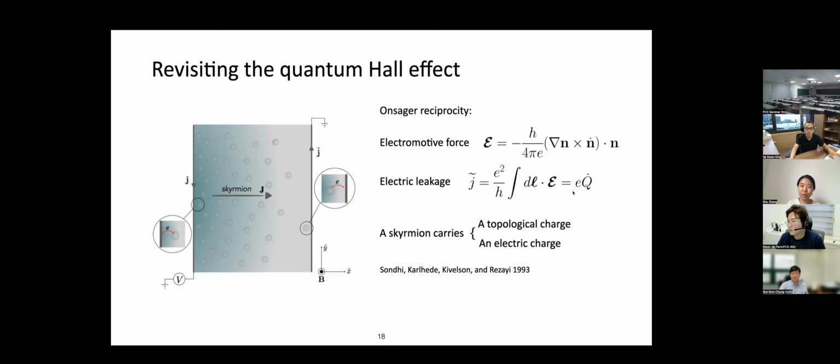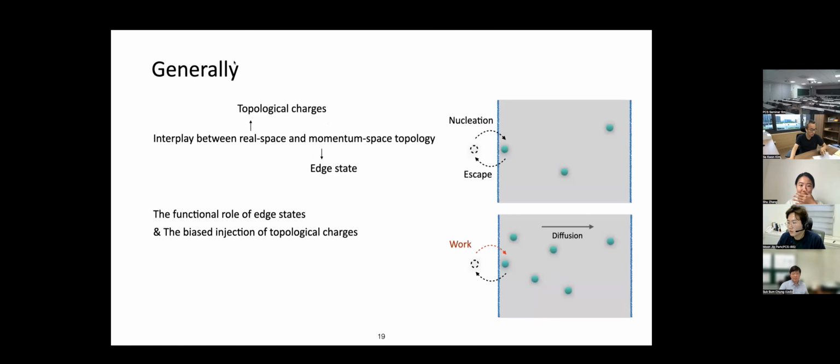So for this familiar example, everything works out, and we get a quite general picture of the interplay between topological charges and the edge state coming from the edge-bulk correspondence of momentum space topology.